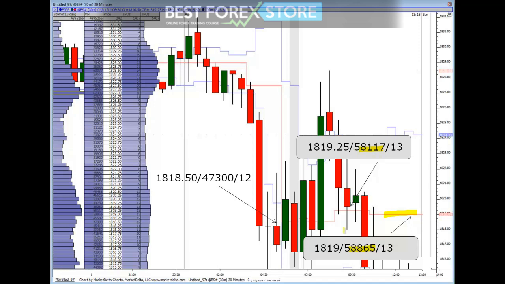Now these two levels together really point to a stronger volume point of control, because between them, as we begin to have more and more volume, we want to study what is happening here. And so where do prices go from here? They continue to drop lower.